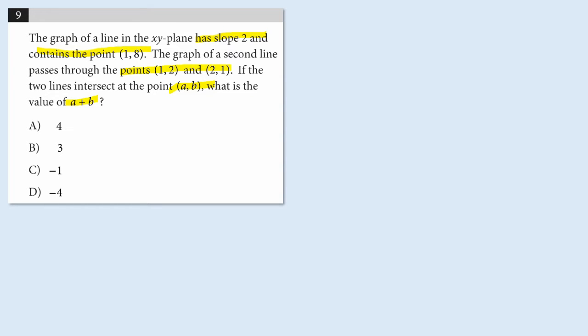Your first instinct may be, hey, we've got two lines. We can find the equation of each of those lines. We can then solve the system of equations by substitution or addition or subtraction, find the solution, and then add the x and y coordinate.